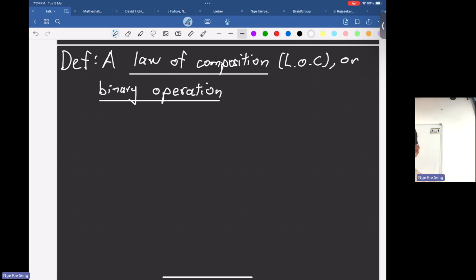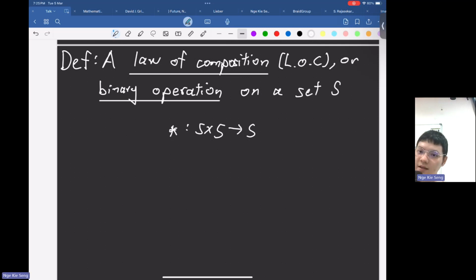So let's denote it as the asterisk, from S cross S to S. What is S? This S is a set. We are going to play things on a set, so it's a binary operation on a set, and we denote it as the asterisk.